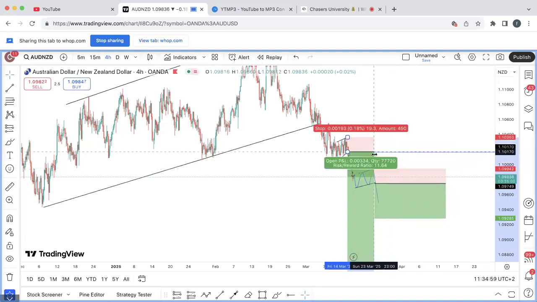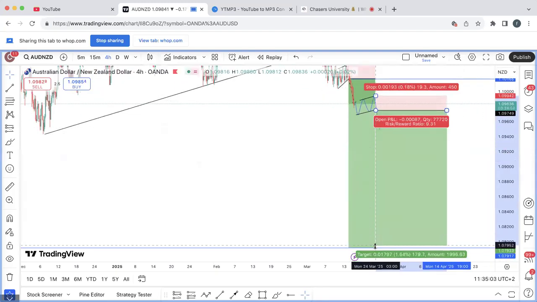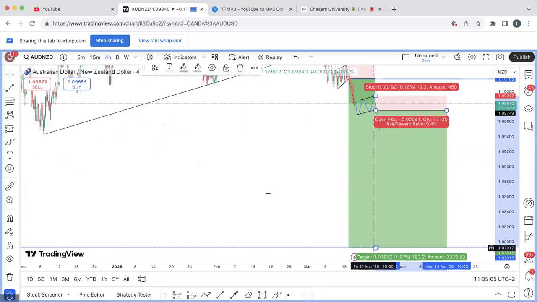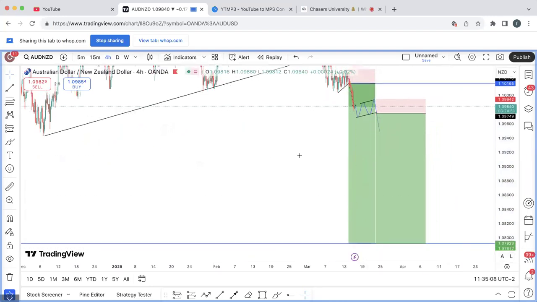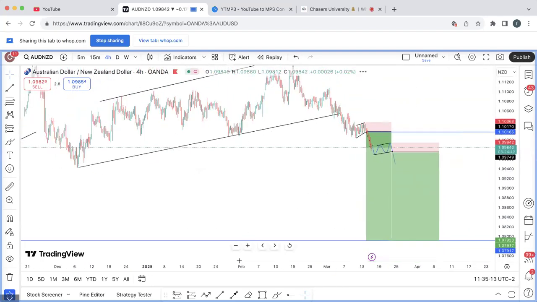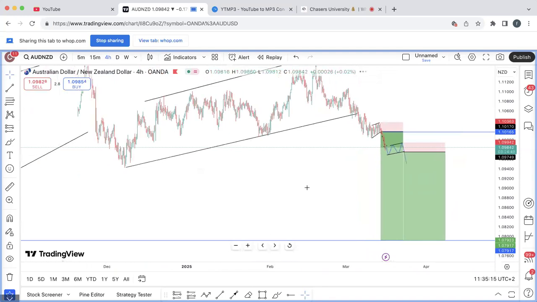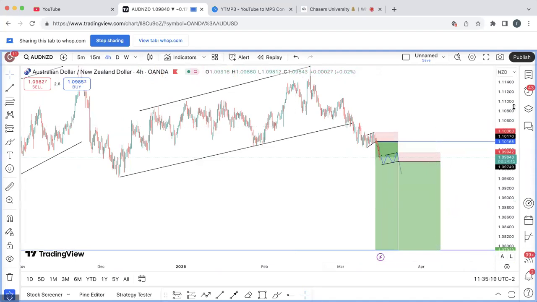I know the overall momentum is still to the downside, so I'm just looking for an entry in the form of a continuation. For now, the only thing I can do is continue to hold this trade and see how the market unfolds.